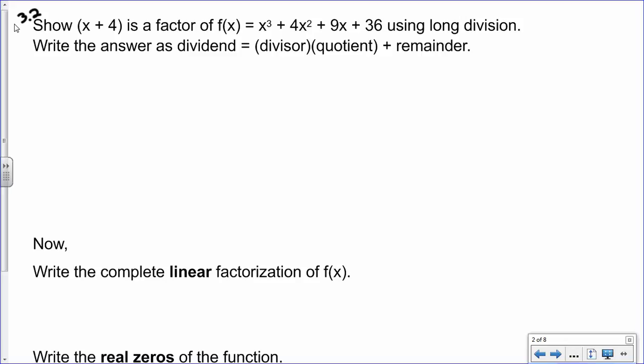There is a problem like this on your quiz, so I want to go over it. We did one like this on Friday, but this is just kind of the wording that you'll see on your quiz. So this is a more specific example for that.